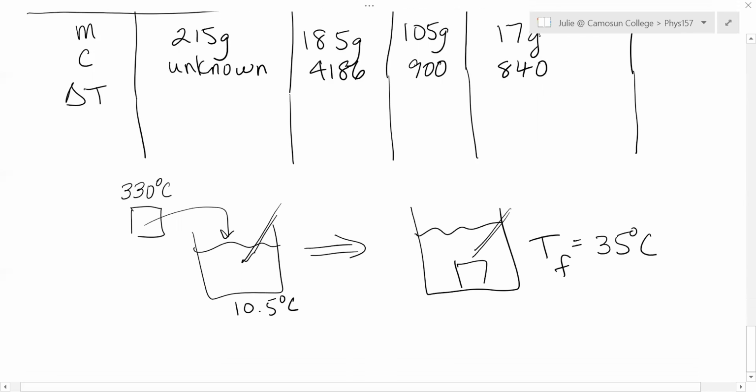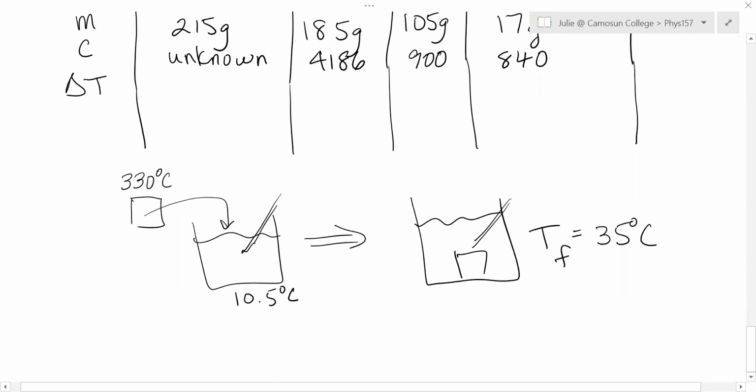So hot minus cold. For the metal, it goes from 330 minus 35. So that'd be what, 295? Remember, hot minus cold.